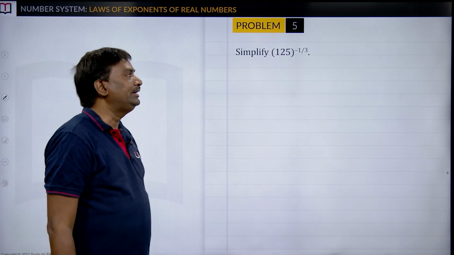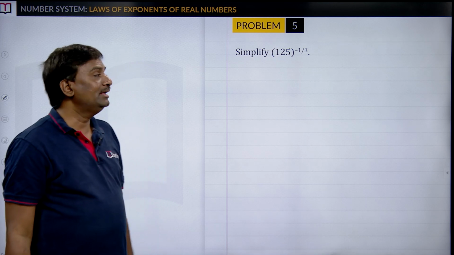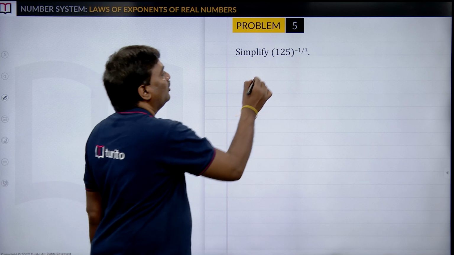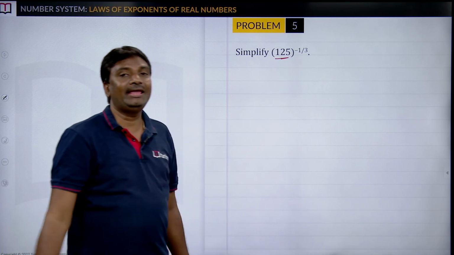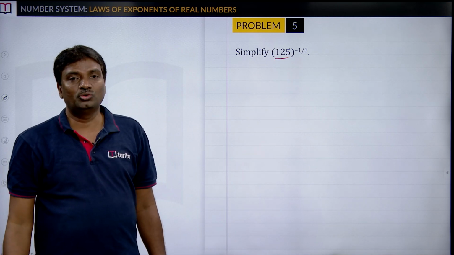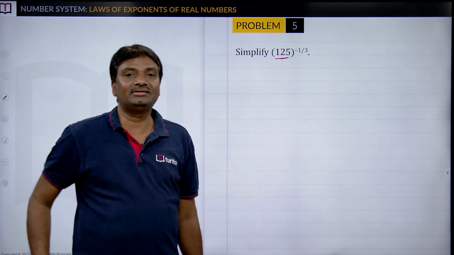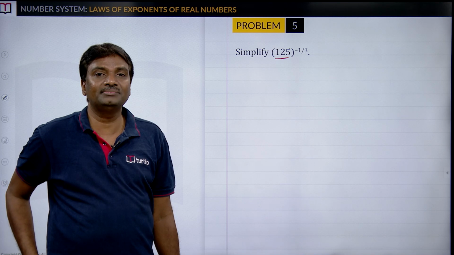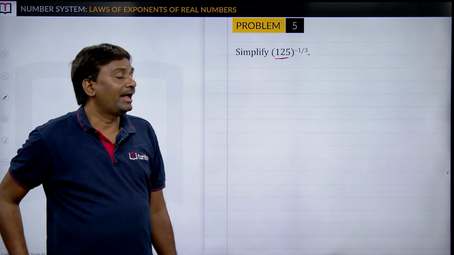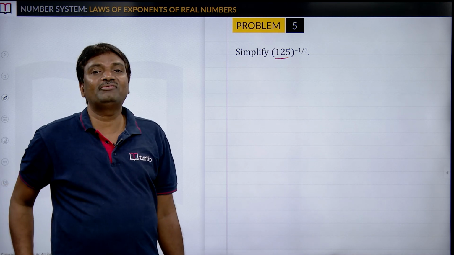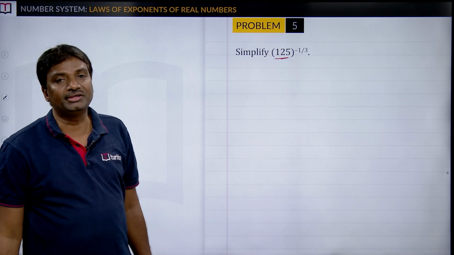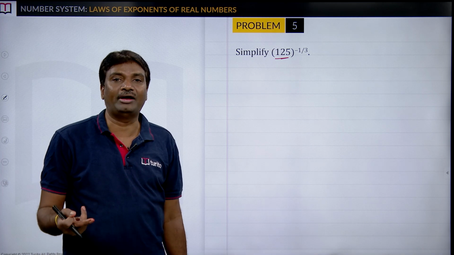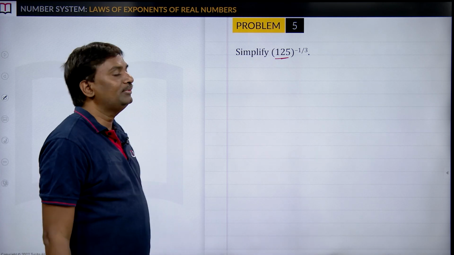Simplify 125 power minus 1 by 3. By observing this problem, 125 is a perfect cube. In 8th class, we have discussed cubes and cube roots. According to that, 125 can be written as 5 cube. 125 means 5 into 5 into 5, that is 125.